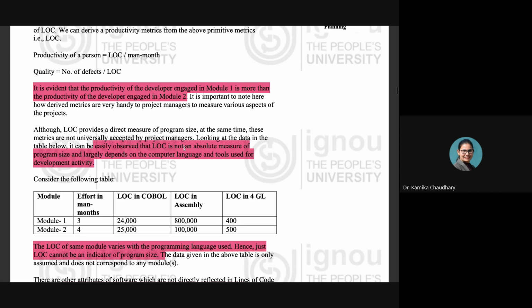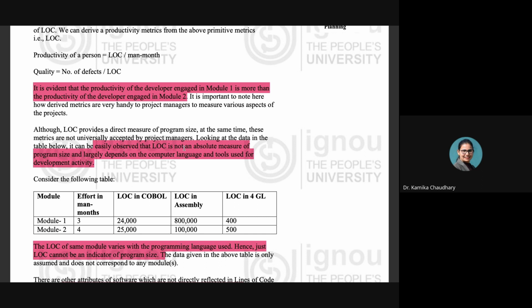Lines of code are not considered an absolute measure of the size of the program because it is also dependent on other factors. For example, we make use of some language for developing our software project, right? For example, company A is using the COBOL language and company B is using the assembly language for the development of the software, right?